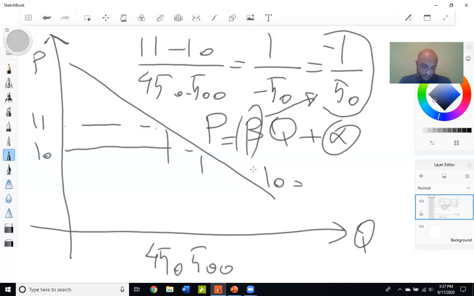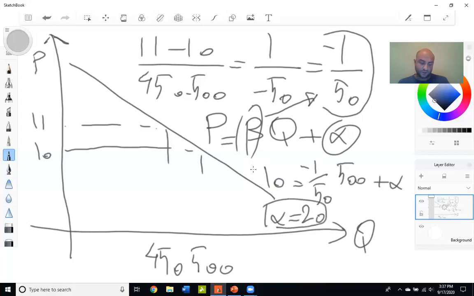10 equals minus 1 over 50 multiplied by 500 plus some unknown intercept alpha. This is minus 10, which just goes on the other side. So our alpha will be 20. Your intercept is 20.